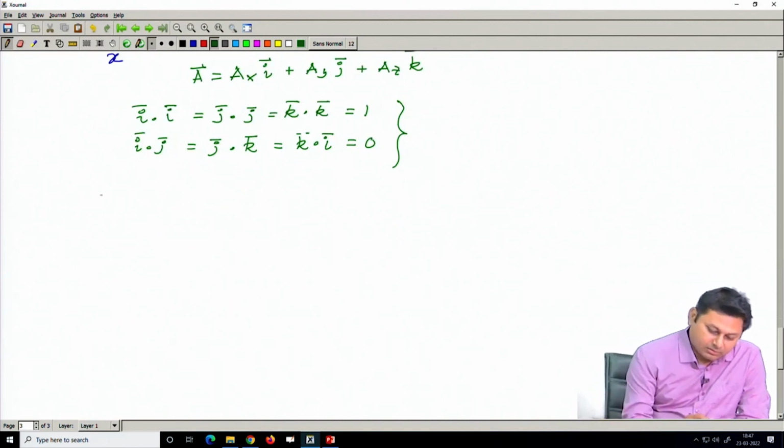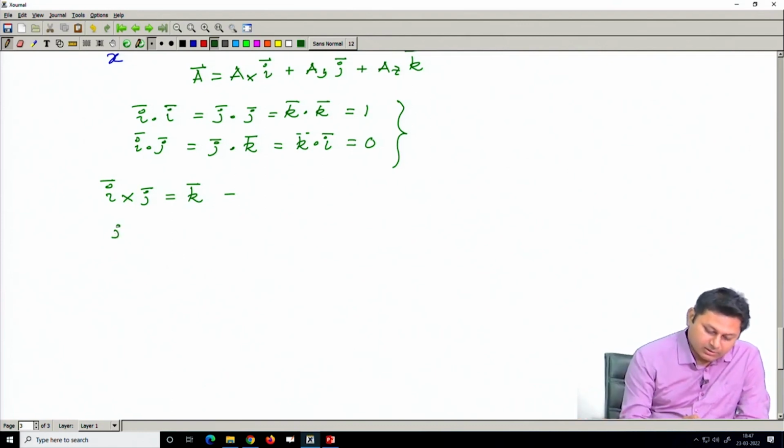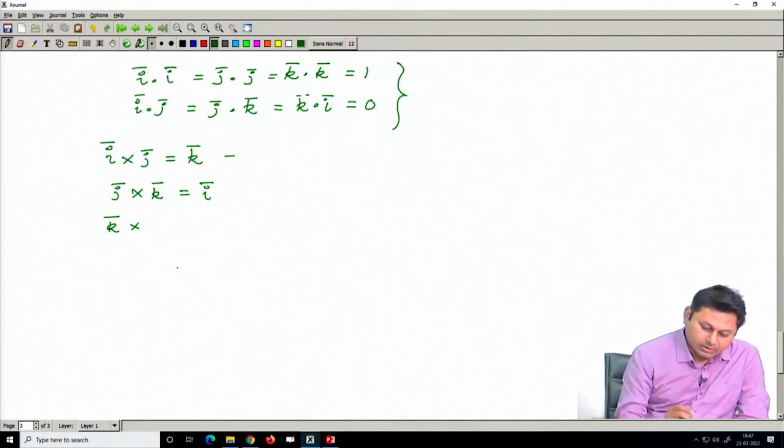Not only that, i cross j is equal to k, and then j cross k equal to i, and k cross i it should be j.